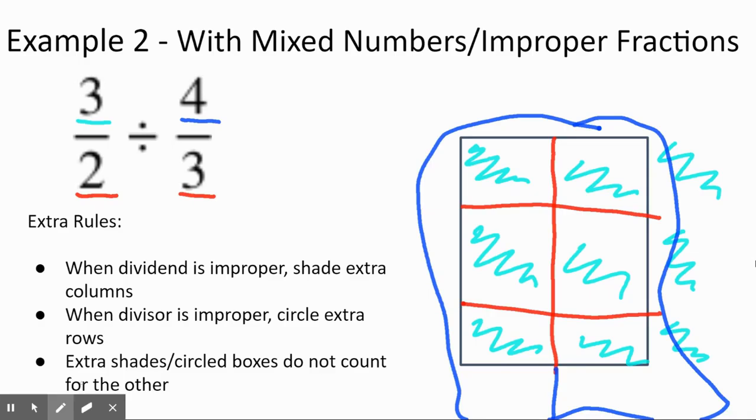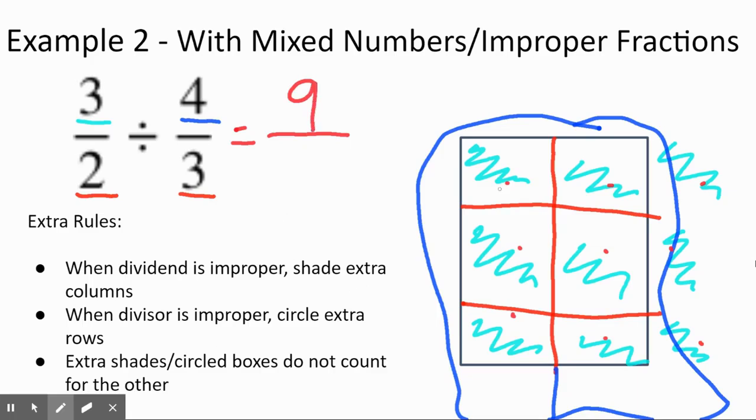So what that means is when we're counting stuff up, let's say we're finding our numerator, so we count up the shaded boxes. We count 1, 2, 3, 4, 5, 6, 7, 8, 9. So our numerator is going to be a 9 again.